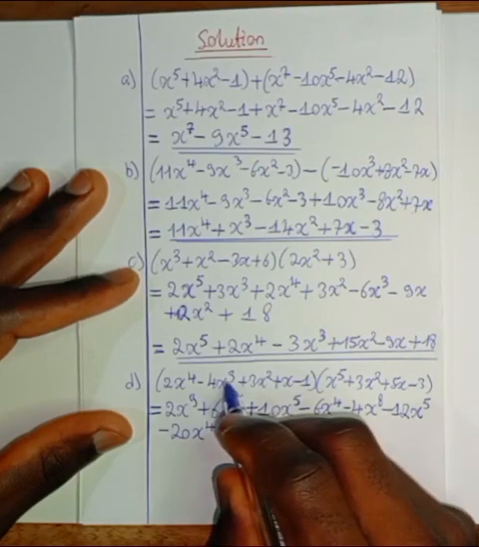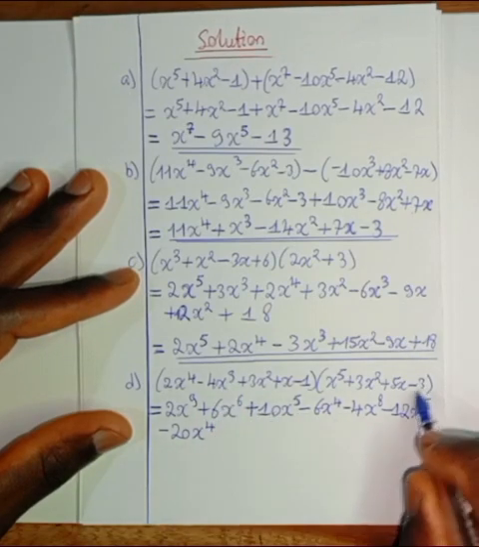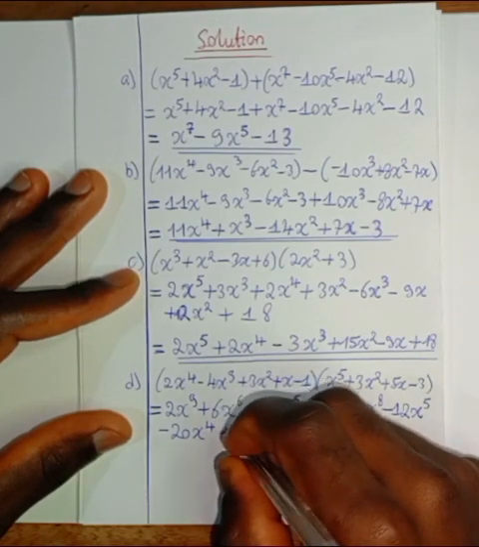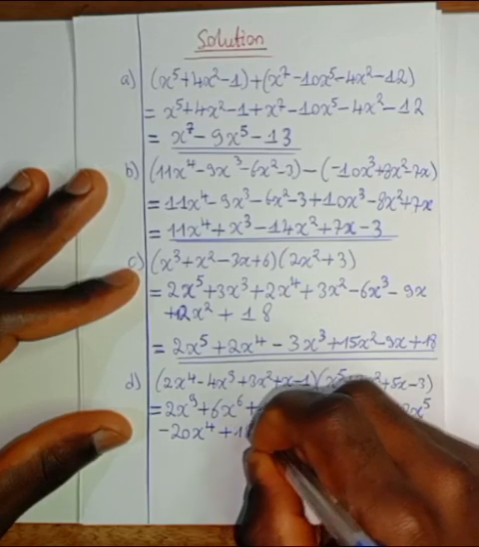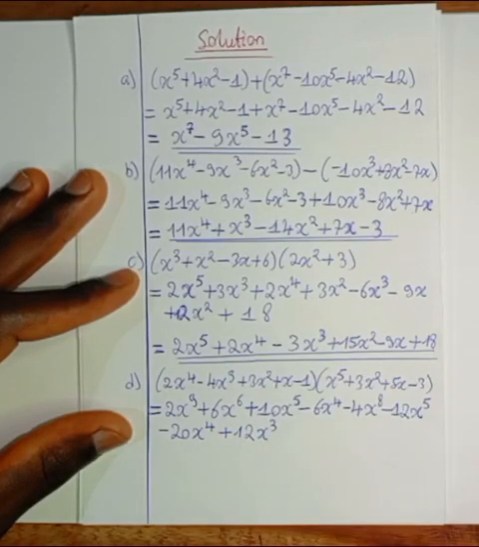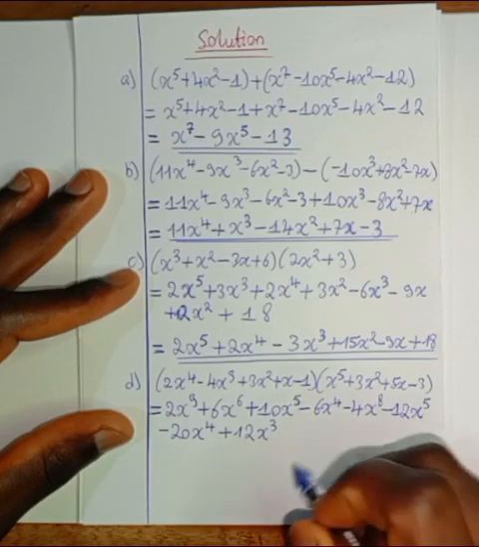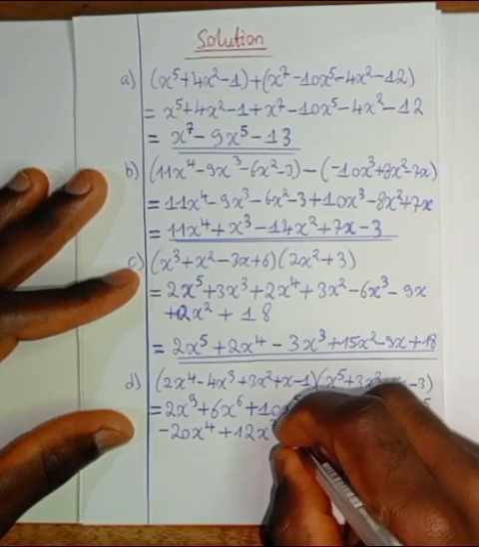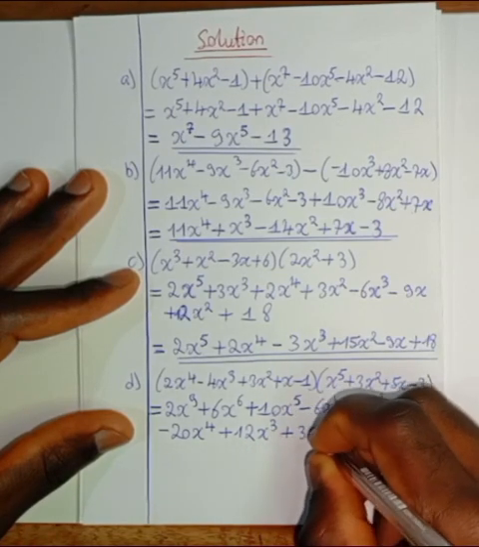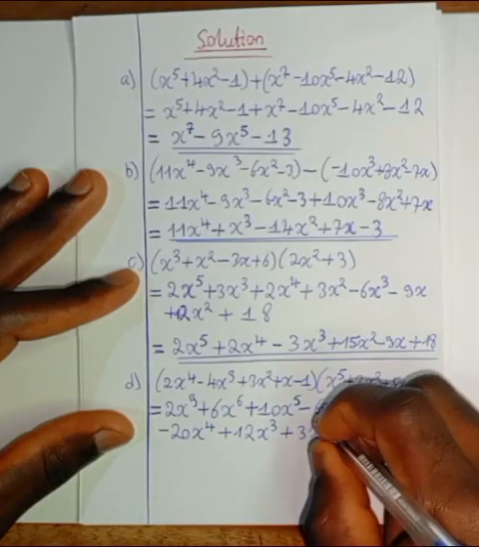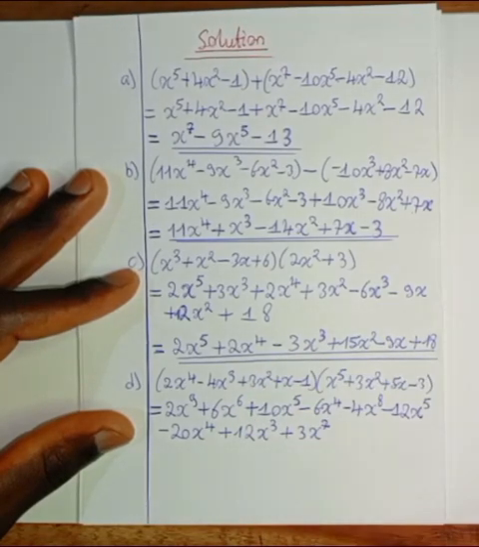Next, negative 4x cubed times negative 3 gives us positive 12x cubed. We go to 3x squared times x to the power 5 gives us plus 3x to the power 2 plus 5, which is 7.